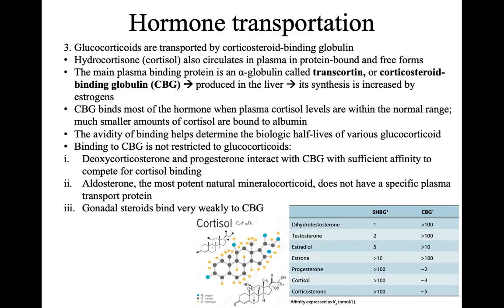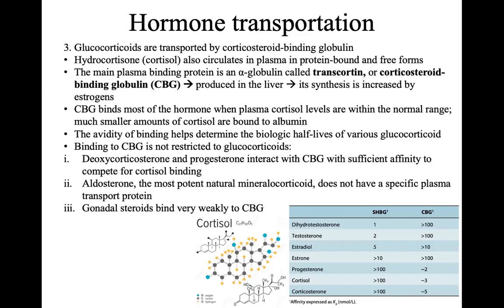CBG is not exclusive for glucocorticoids. Second, CBG can also bind to aldosterone. This is the most potent natural mineralocorticoid, and it does not have a specific plasma transport protein.